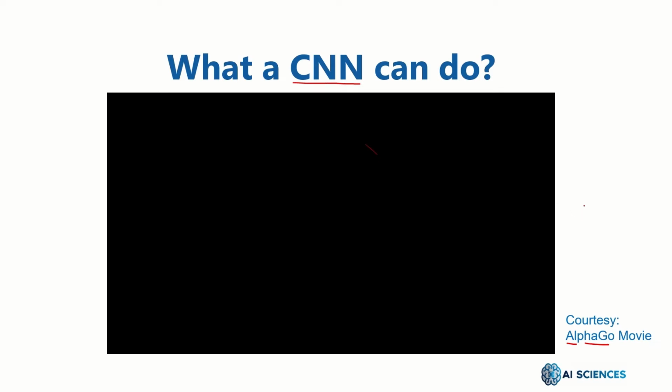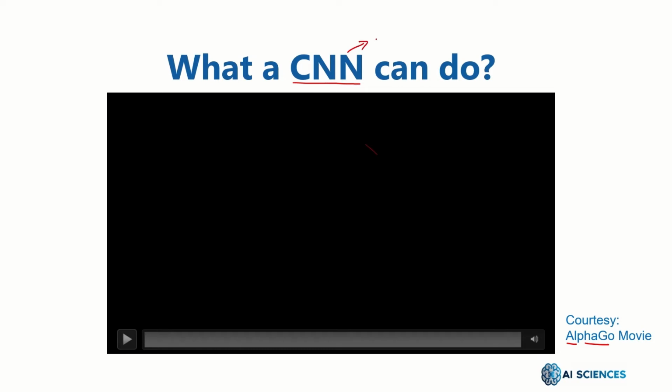Particularly in AlphaZero, before AlphaZero, they were using InceptionNet. But in AlphaZero, which is an improved version of AlphaGo, they used ResNet, residual net, in place of InceptionNet. And they have also improved the policy learning.